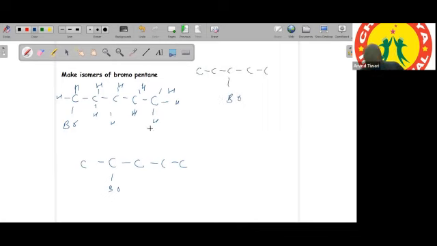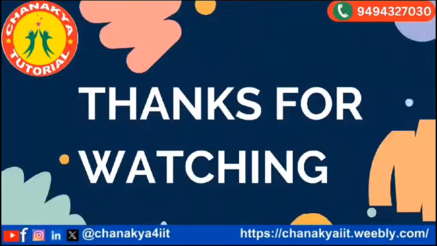They are the structural isomers of bromopentane. You can make still more. Right now we just changed the bromine position. You can also build a chain of 5 carbon atoms with branching in it, so it can be like this CH.